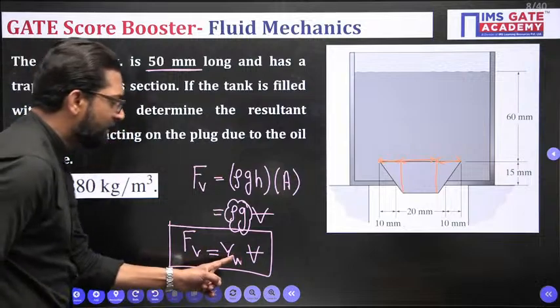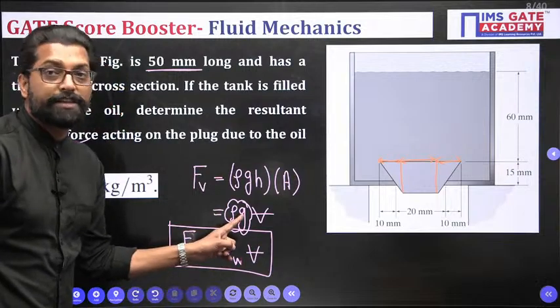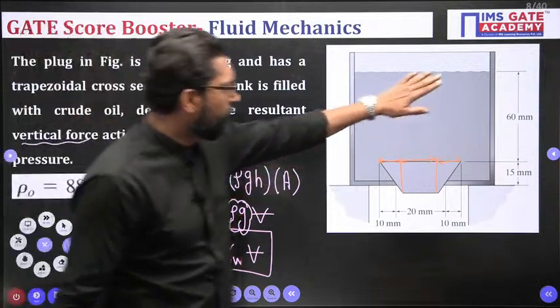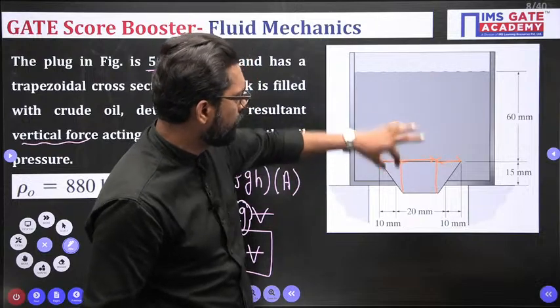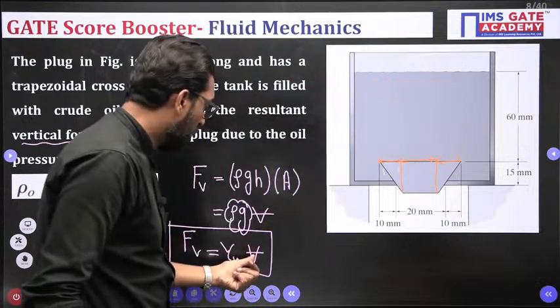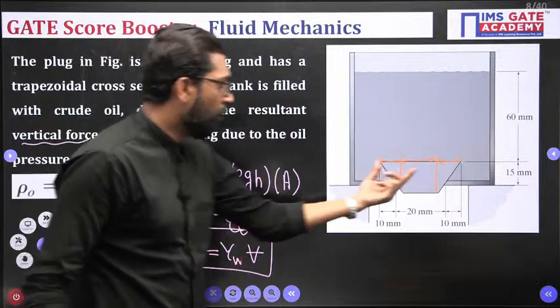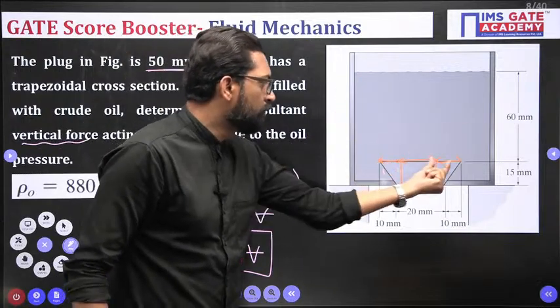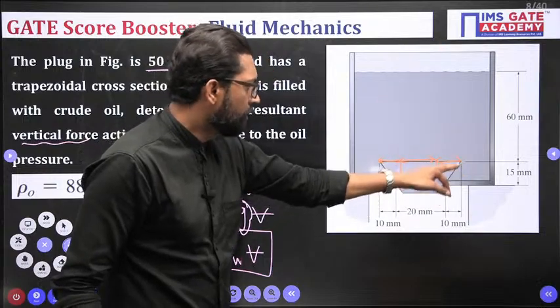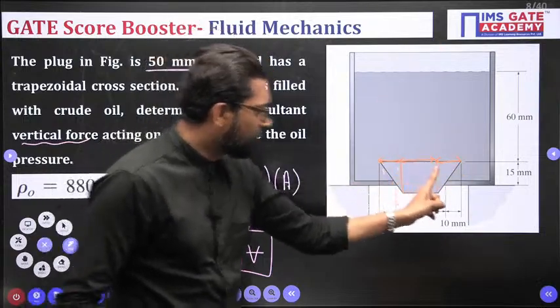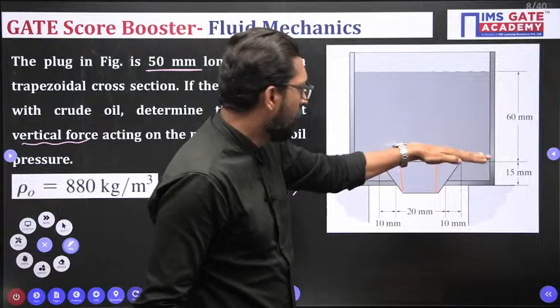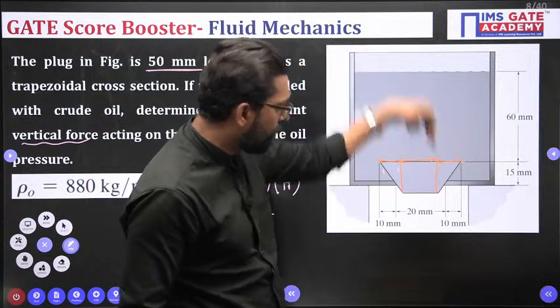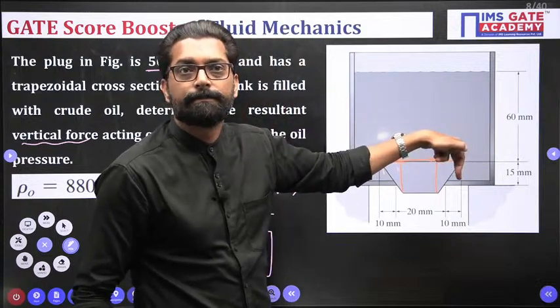So gamma is rho into g, which is common for this support. Only the volumes are different. So the total volume by this surface, minus 2 into the volume of this surface. Why? Because this surface will try to force upward. On this surface, the force is in the downward direction.